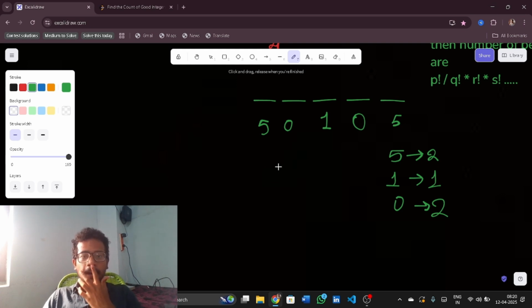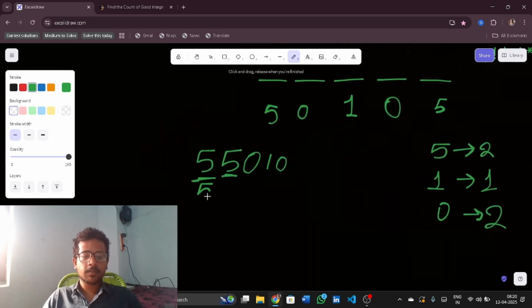As I am having repetitions, I cannot say 5, 5, 0, 1, 0 is another combination, and simply say that this 5 and this 5 are replaced. These two are replaced, and this is my new number 55010. This is absolutely wrong.